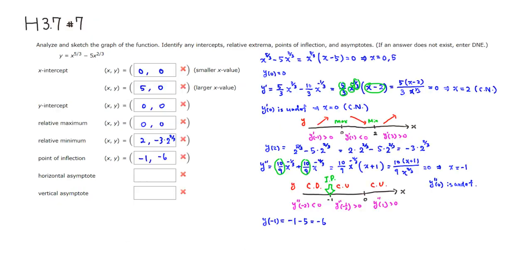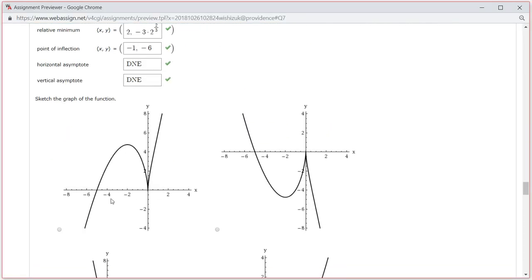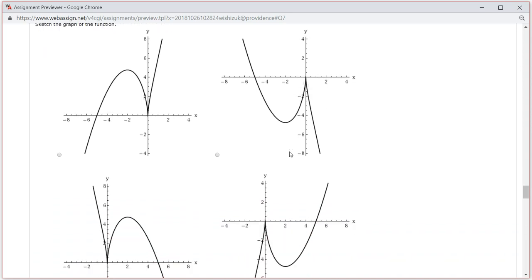All right, then here, let's look at a picture. The graph is going to be increasing, decreasing, increasing. So let's check. The first one is increasing, decreasing, increasing. The second one is not, so we eliminate the second one. And the third one is not the right increasing, decreasing behavior, so we eliminate it.